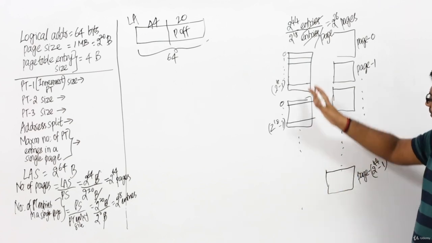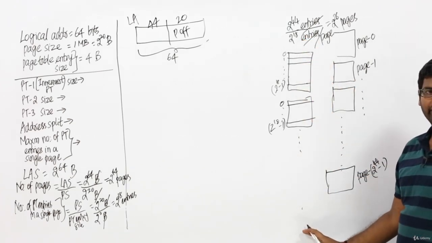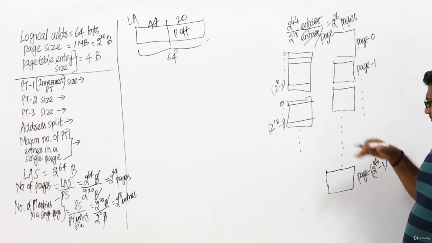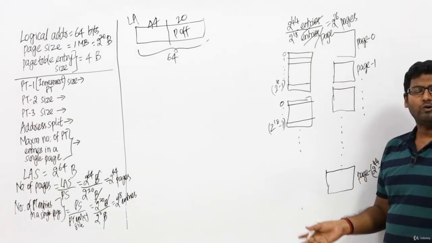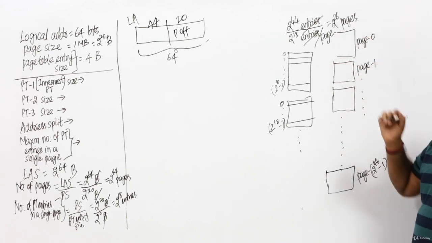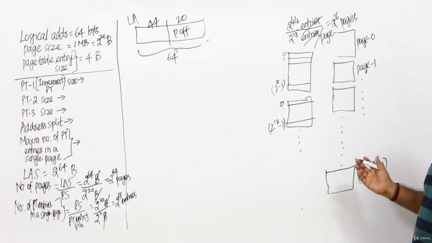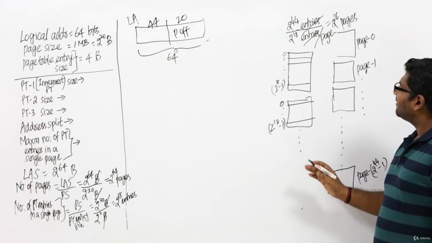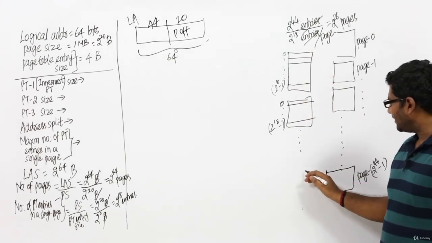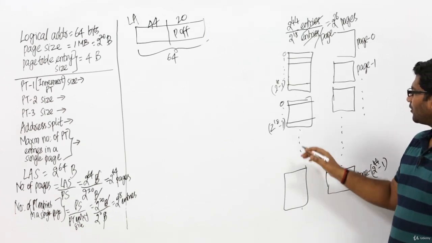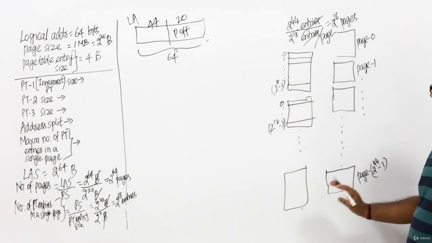I need to accommodate a total of 2 power 44 entries, and if a single page can hold 2 power 18 entries, then in order to accommodate all the 2 power 44 entries, I need a total of 2 power 26 pages, right? That is what we actually mean. So this level of page table has exactly 2 power 26 pages.